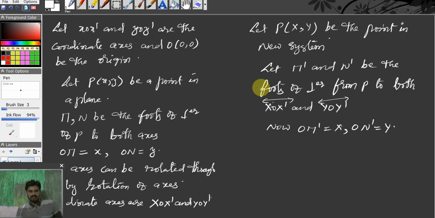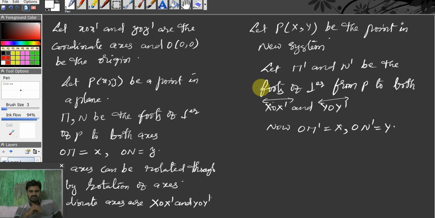In rotation of axis, you have to remember that there will be the angle of rotation. In translation of axis and rotation of axis, both have the same concept: there will also be the world system, that means the original system point and the new system point.